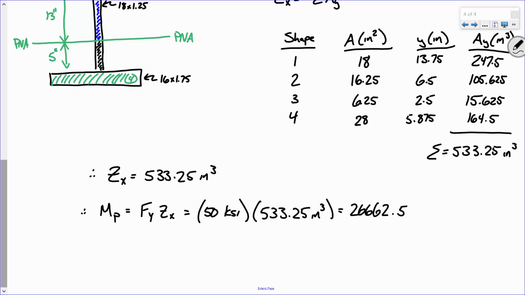Because if I have kips per square inch times inches cubed, that's inch kips. Now, moments, we tend to express moments in what? Foot kips? So how do I go from inch kips to foot kips? No. 12. Divide by 12. So what's that divided by 12? 2,000 what? Point. So we'll say 88.